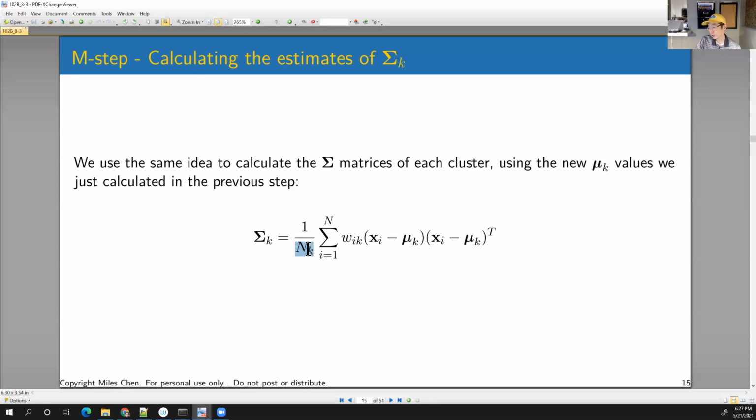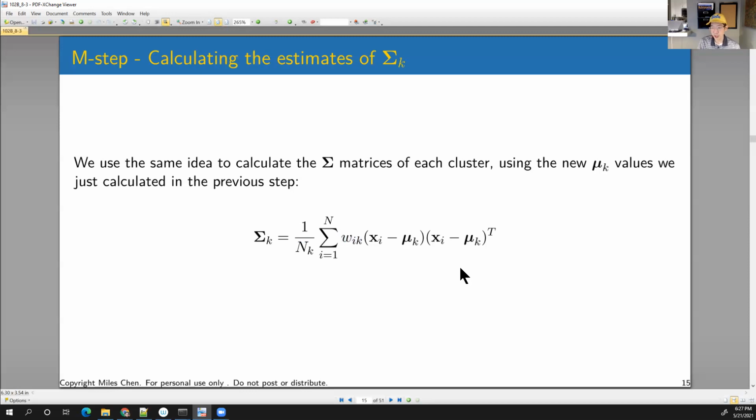Here we do something similar, except each contribution of x minus mu times x minus mu transpose is weighted by its membership weight, and then we divide by n sub k.